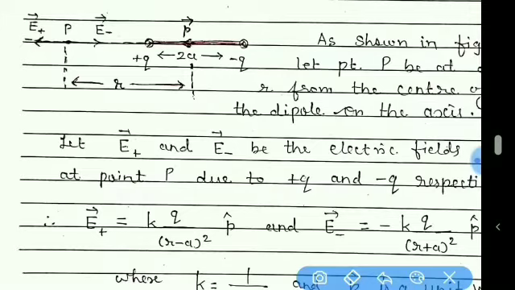So, the electric field at point P due to the positive charge is given by E plus.